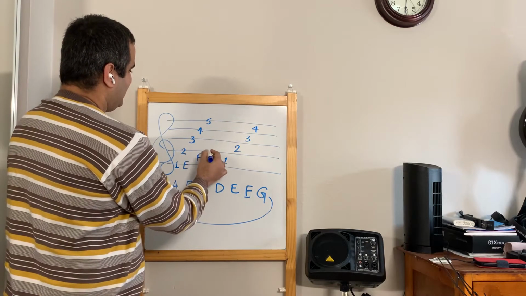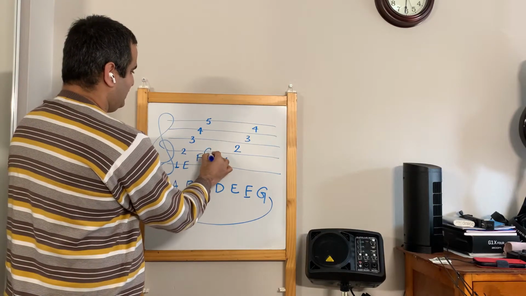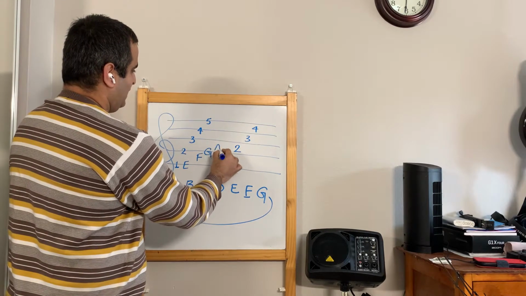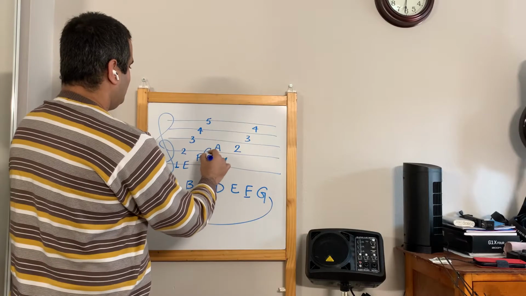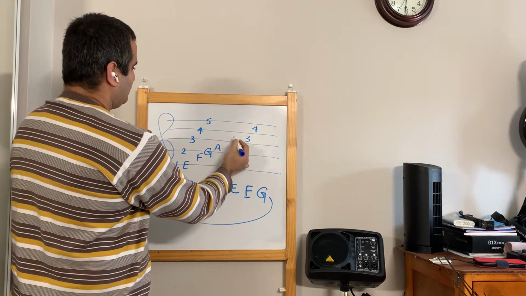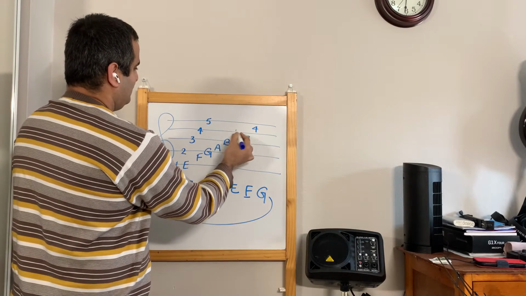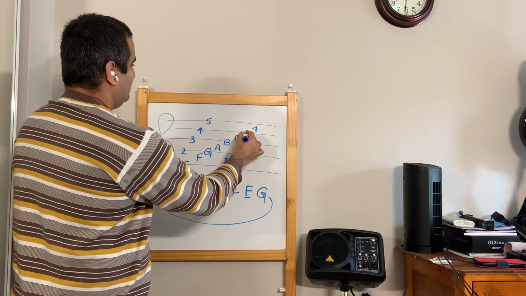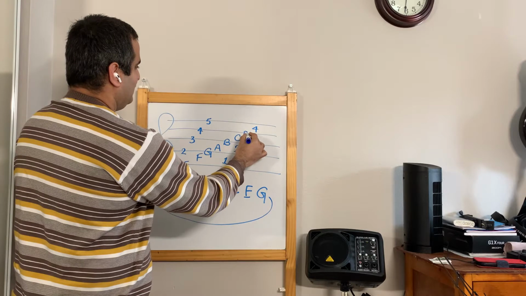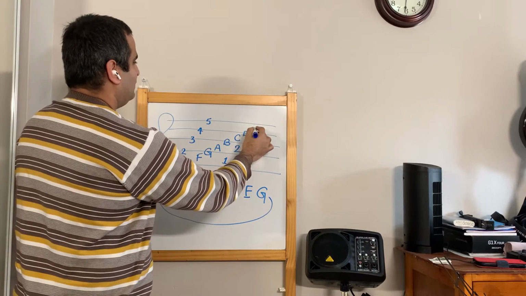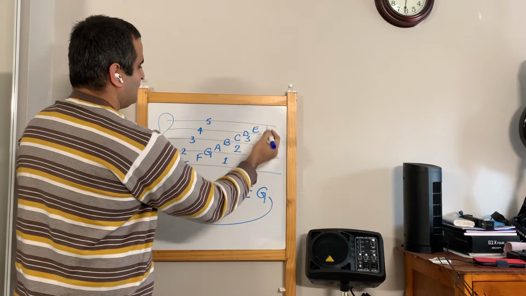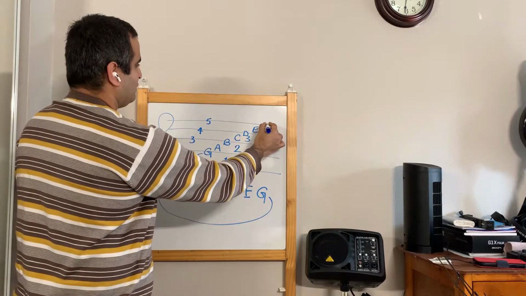And hence, the second line is called G, and the second space is called A, and then the third line is called B, the third space is called C, the fourth line is called D, the fourth space is called E, and the fifth line is called F.